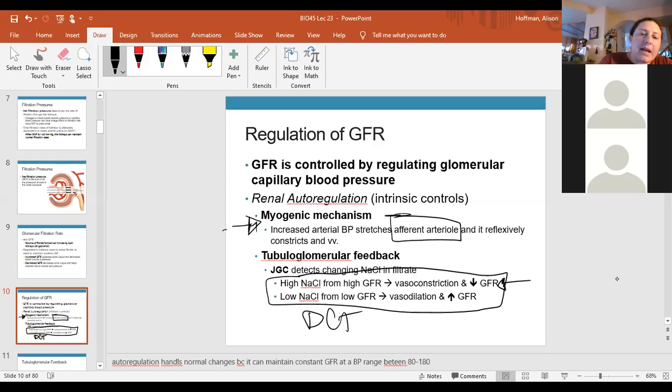Too much urine as demonstrated by having too much sodium in there. And if you're not making enough urine, so the sodium level's too low, then we're going to increase the GFR. And we're going to do that by controlling, again, the blood flow through that afferent arteriole into the glomerulus. Okay, so this is how the kidneys make sure that we're maintaining GFR.